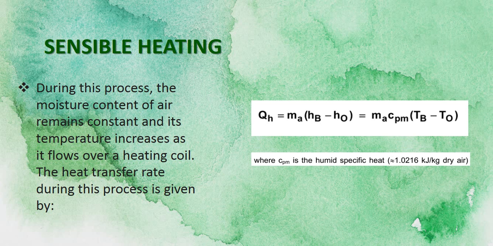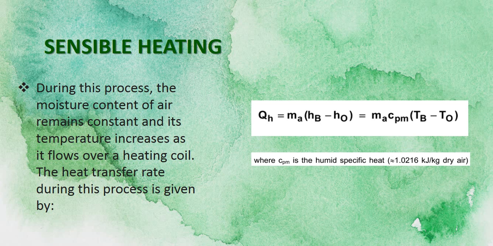It's very similar to what we have under the cooling process. The only difference, of course, is that this one uses an increase in the final temperature, whereas the cooling process uses a value wherein there is an observed decrease in the temperature of the mixture of air and water vapor.